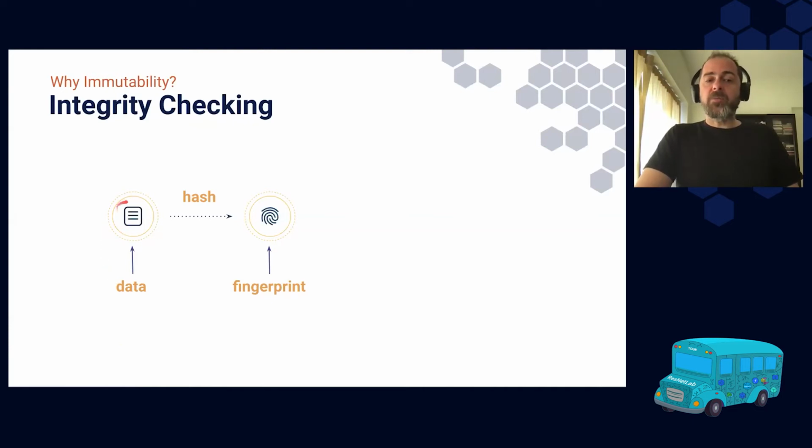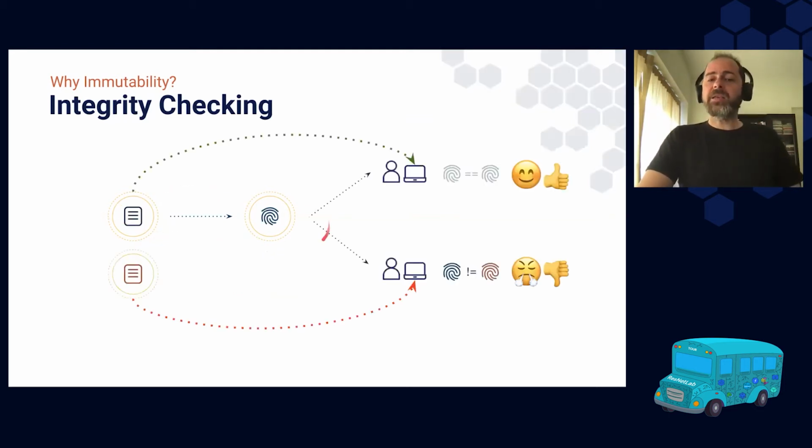So let's assume we have this piece of data, this document. We apply a hash function to it, and we have the resulting hash or fingerprint. Now, if we want to publish that piece of data, we can send the fingerprint, the resulting hash of the content, to others that we want to access the content.